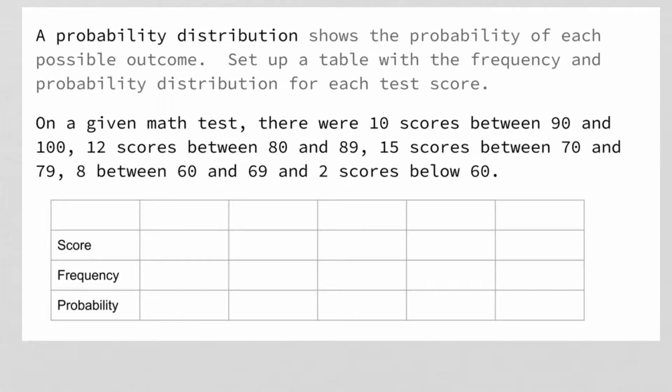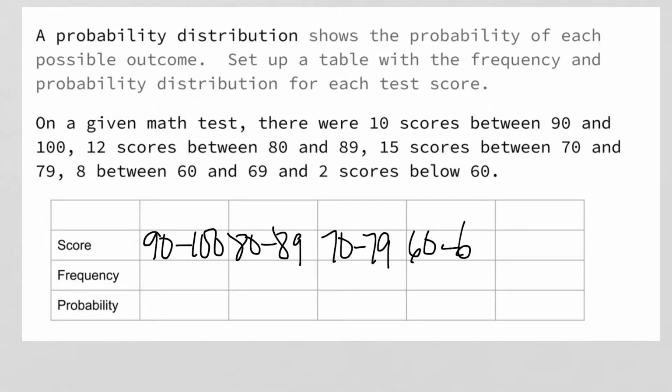On the top, let's go ahead and actually put what the scores are. So I guess we'll start with the highest, doesn't really matter. This is going to be from 90 to 100. Then we have from 80 to 89, 70 to 79, 60 to 69, and then 0 to 59.